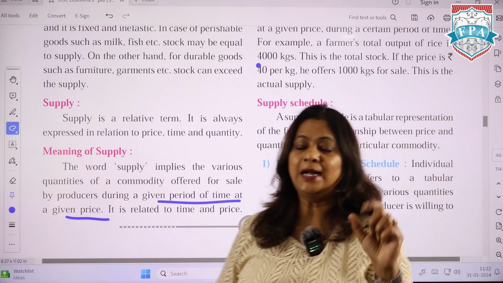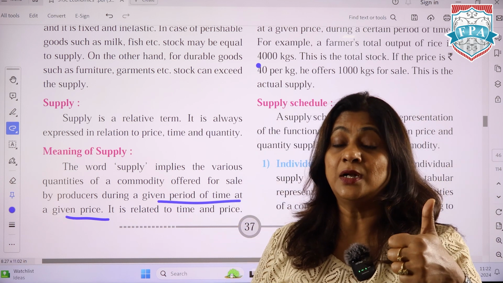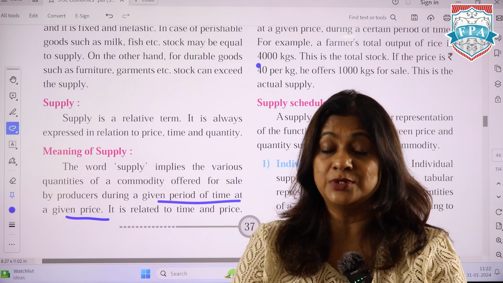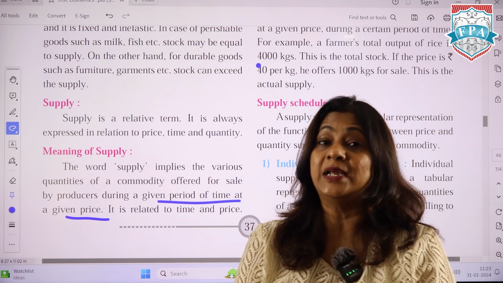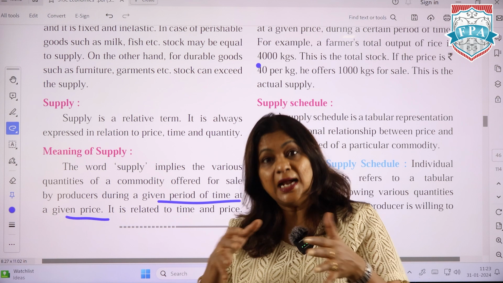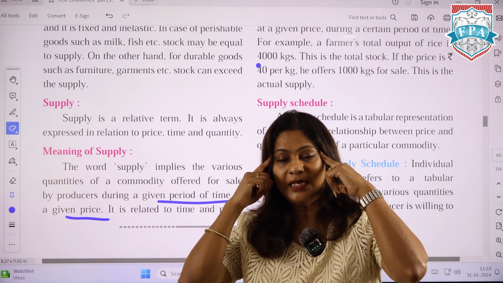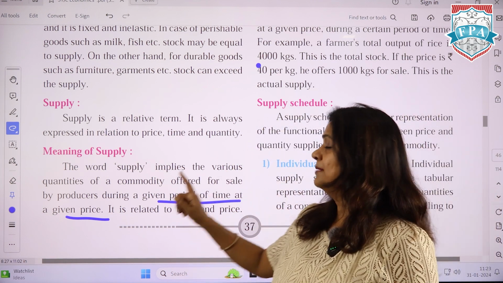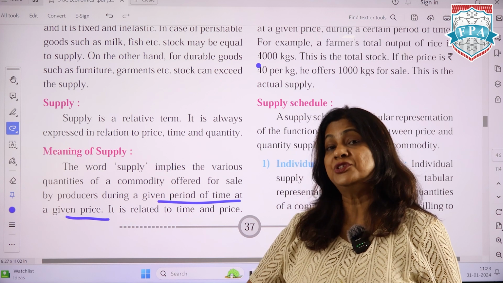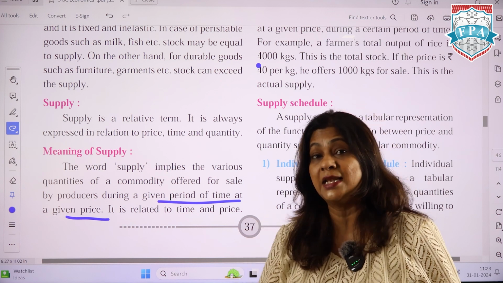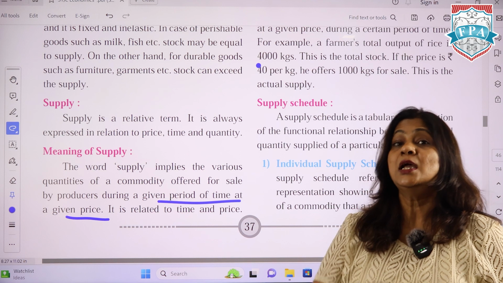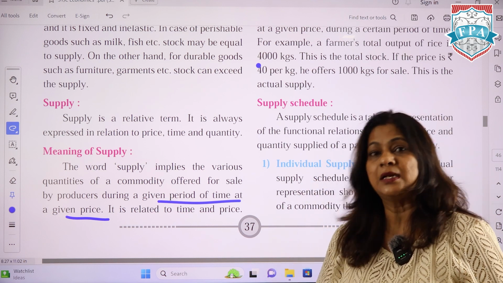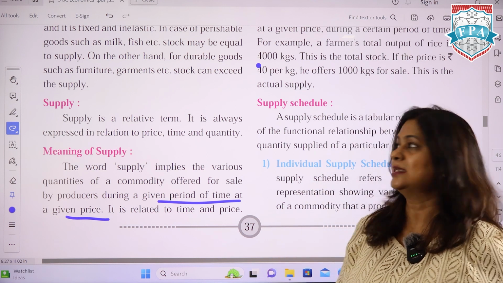In supply, the word price must be there, because that's the actual sales. At which price the seller is ready to sell at a particular point of time. So what is the definition of supply? Supply means the quantity of goods which the seller is ready to sell at a particular price at a particular time.